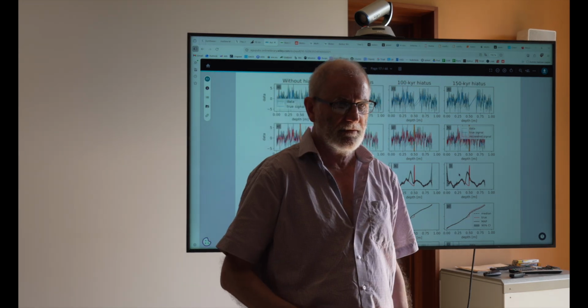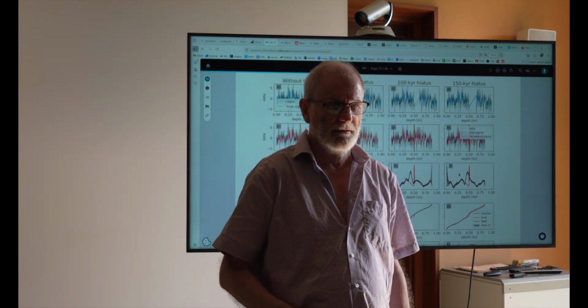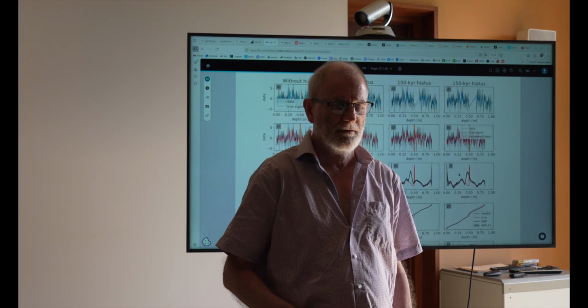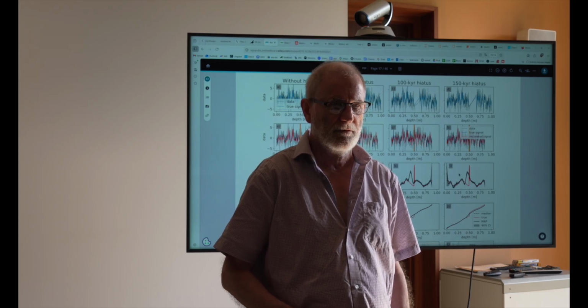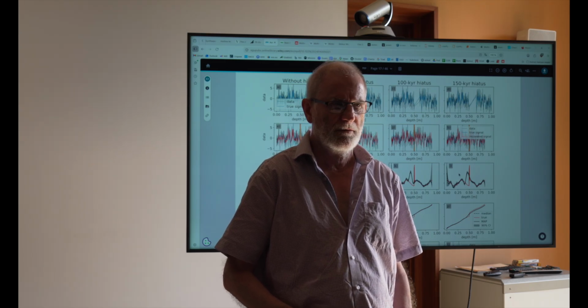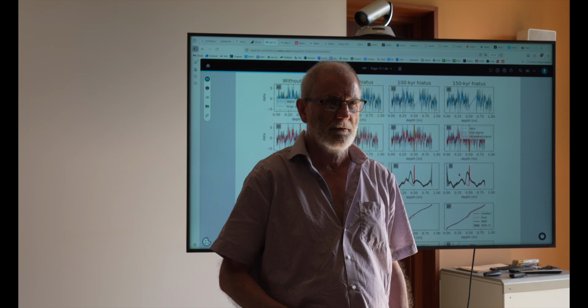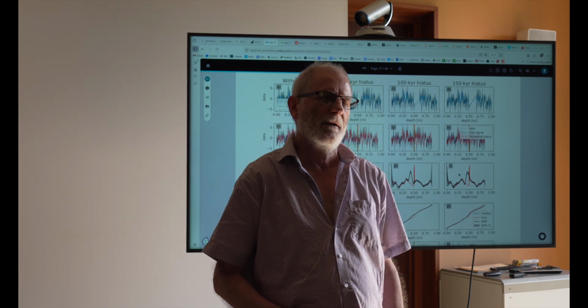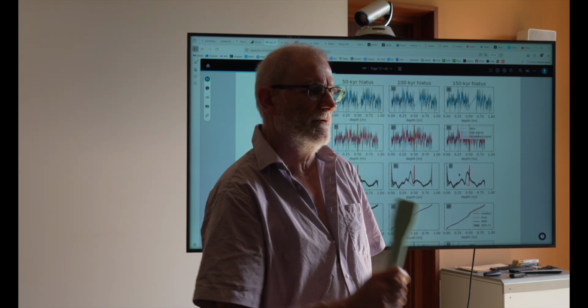Can we force hiatuses in the data if we know that at some points we have some, but it's too small to cut the data for the convergence regions? We want to say at this point the sedimentation rate is null, and force AstroGeoFit to interpolate over it. I don't understand.